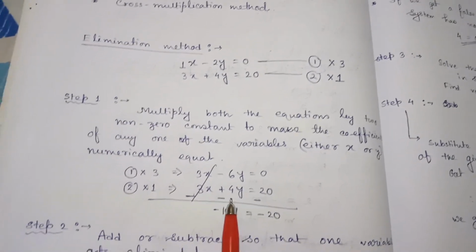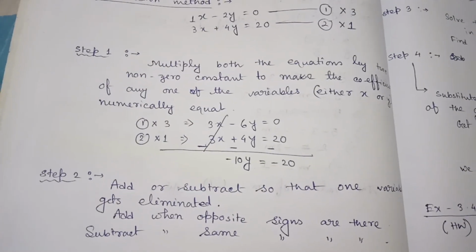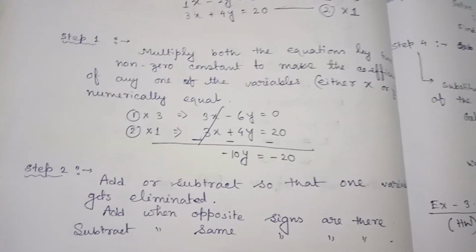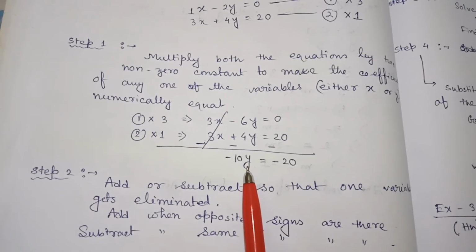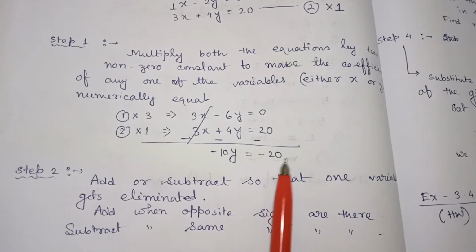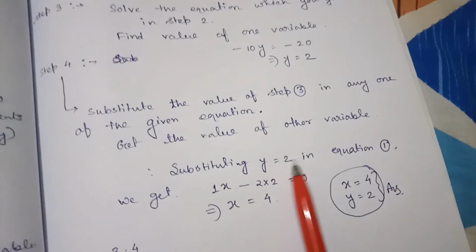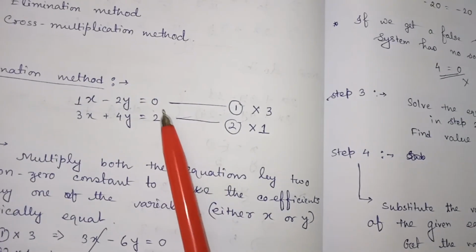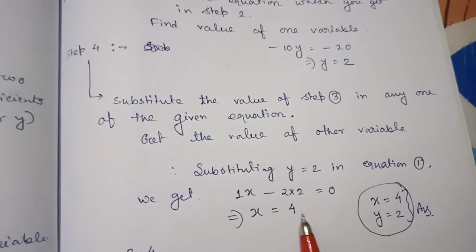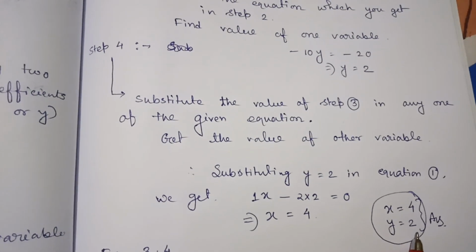From that you have to perform either addition or subtraction, whatever is applicable, and then you get this kind of equation depending on only one variable. From this equation you have to just find out this variable's value, which we have got here as y equals to 2, and this y equals to 2 value we have to put in any one of the equations, then we are getting finally the value of x, and x equals to 4 and y equals to 2.